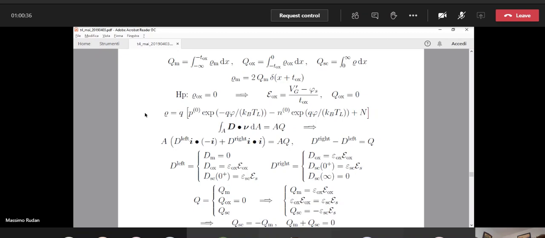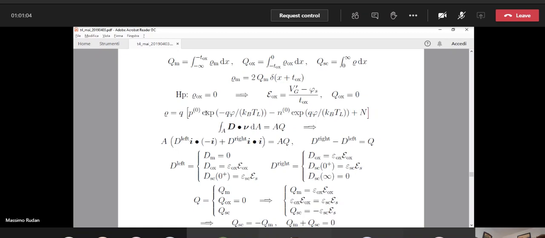That means that the net dopant concentration N is actually equal to minus NA. It's a constant, okay? So the expression of rho is Q times, you are accustomed to this, p0 exponential of minus Q phi over KT. Then we have the electrons minus n0 exponential of Q phi over KT, okay?